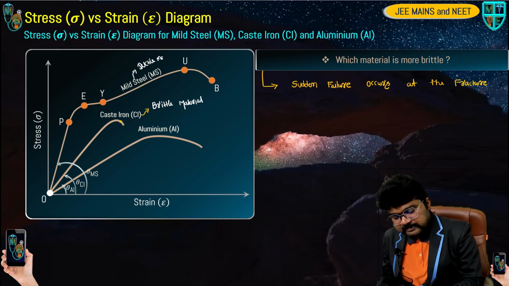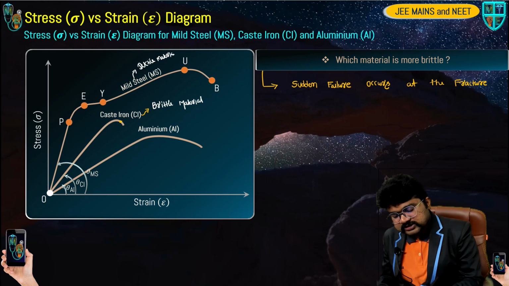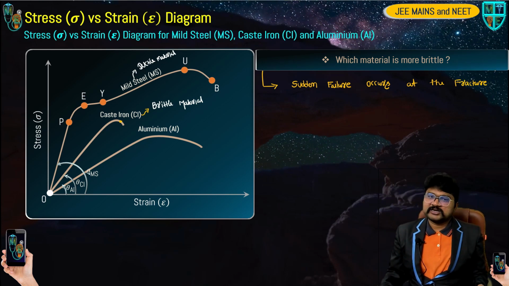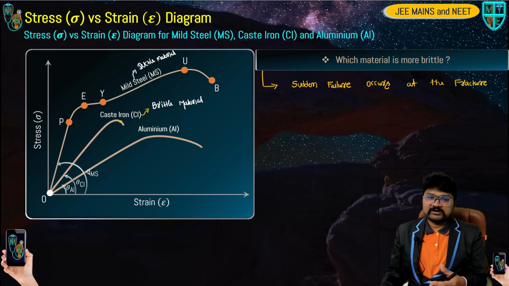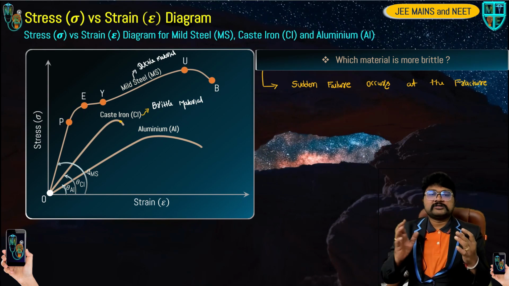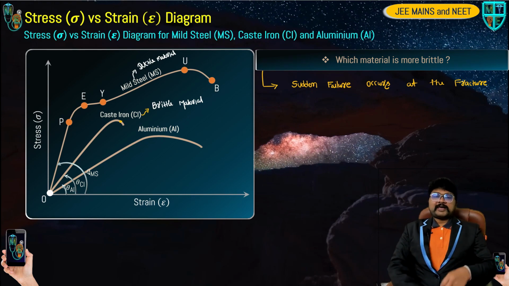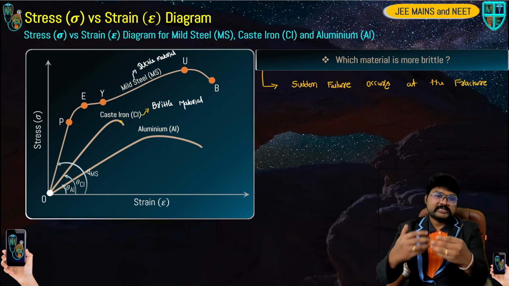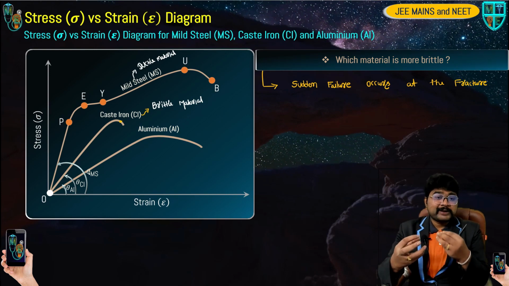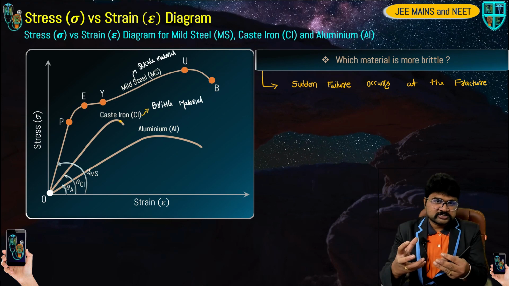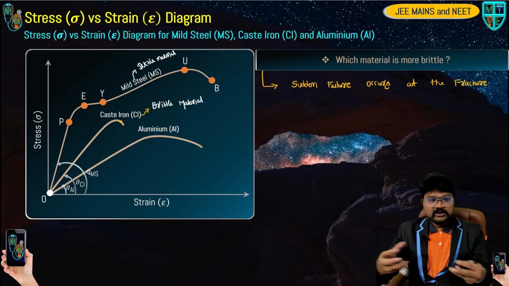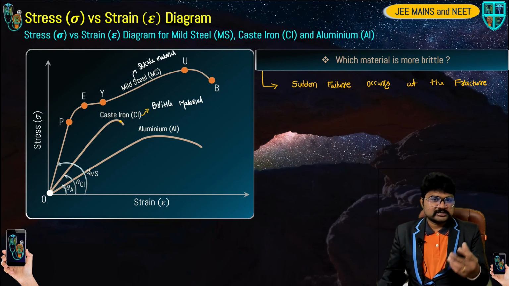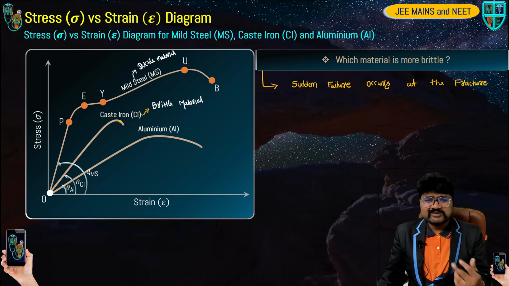Here cast iron is not going to the plastic region, so suddenly it will fail. For example, a chalk piece: once you apply load on it, it will fail suddenly. That is brittle failure, brittle fracture. The material is brittle material. It is not going to the plastic region, that is why plastic deformation is very, very less.